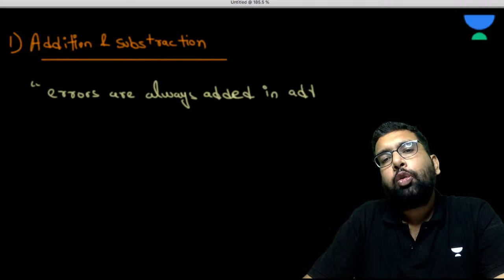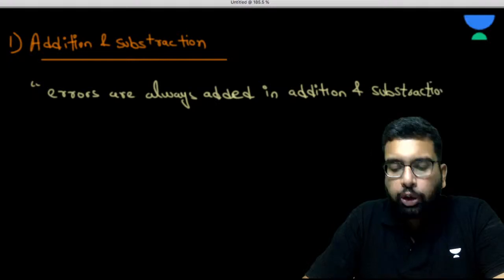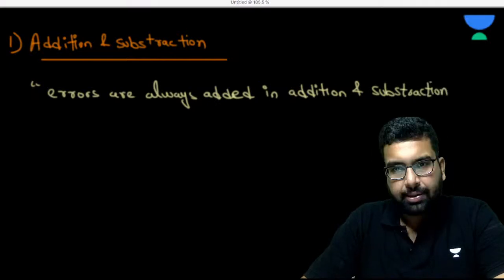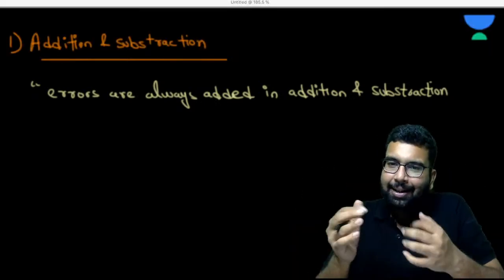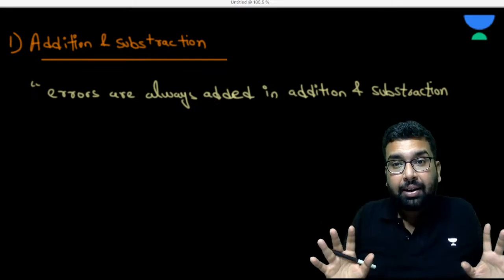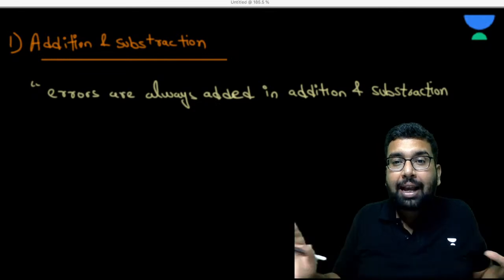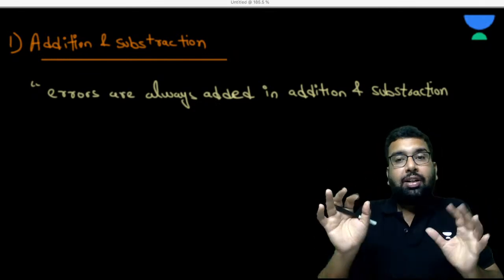Whether it is addition or subtraction, you need to add the errors. In addition you add the error, and in subtraction also you are going to add the error. You are not going to subtract the error.